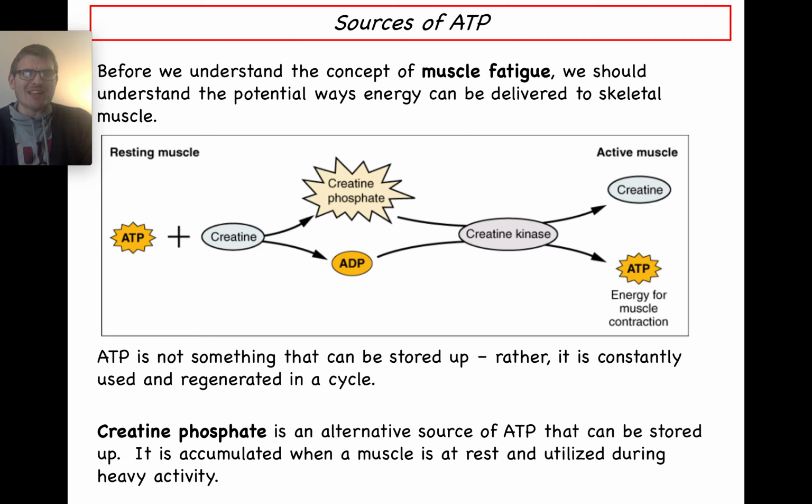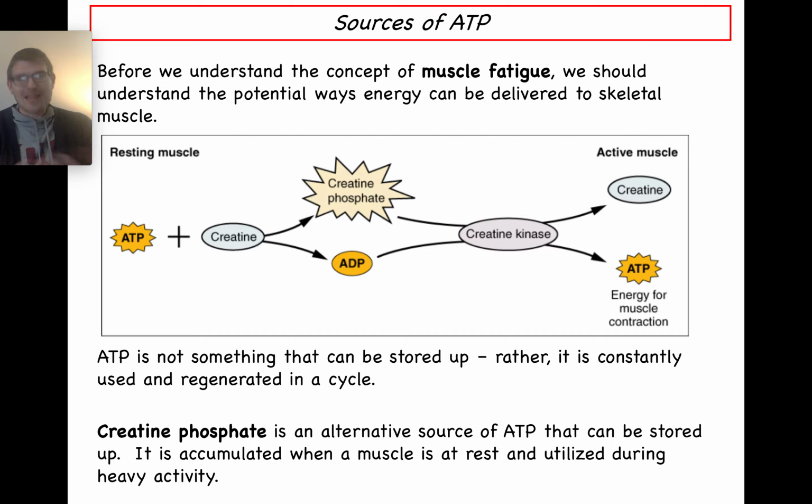Creatine phosphate is kind of like ATP. It's a very high energy molecule. If you look here, we actually use ATP in order to create creatine phosphate. We use an enzyme called creatine kinase to attach one of those high energy phosphates directly onto creatine, and we generate a high energy creatine phosphate, which, like I said, can be stockpiled and can be accumulated.